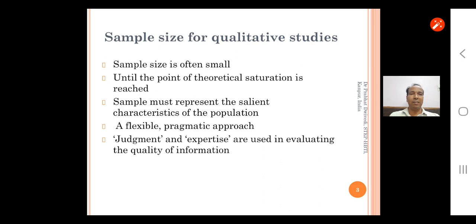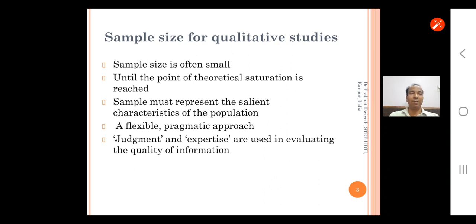And how small? The question is often asked by students and researchers. So the general answer is: until the point of theoretical saturation is reached. That's the ultimate answer for this.